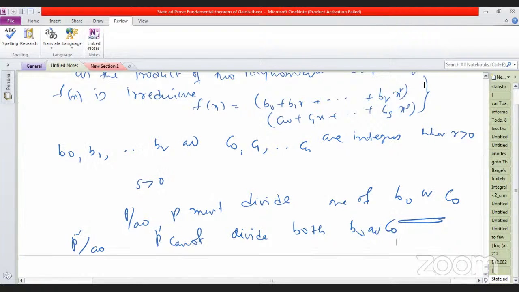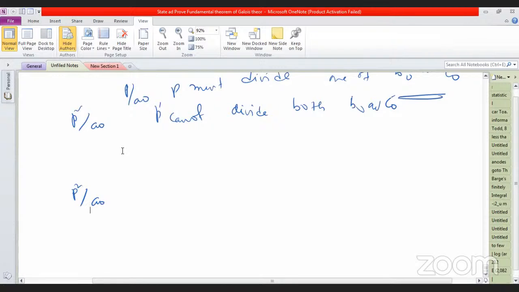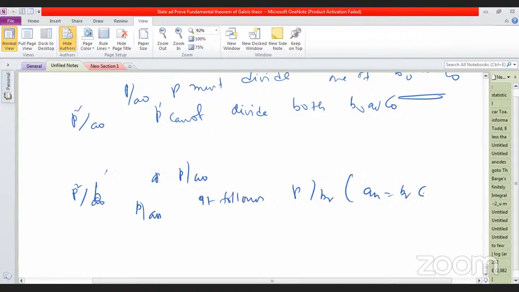Suppose, since p divides an, it follows p does not divide br, since an is equal to br cs.